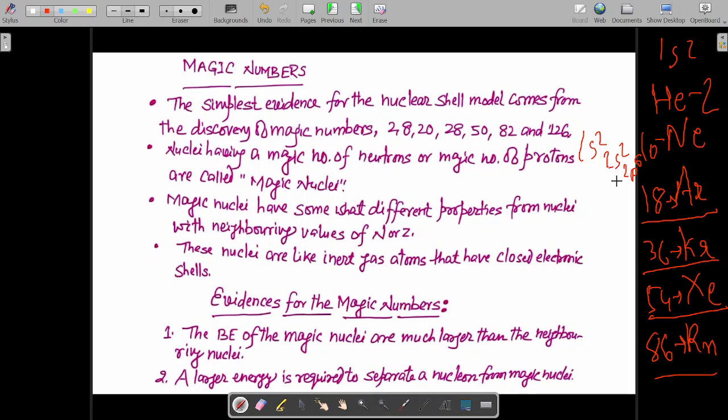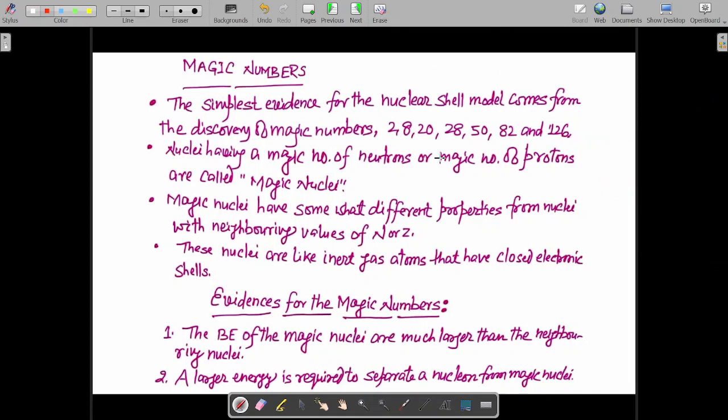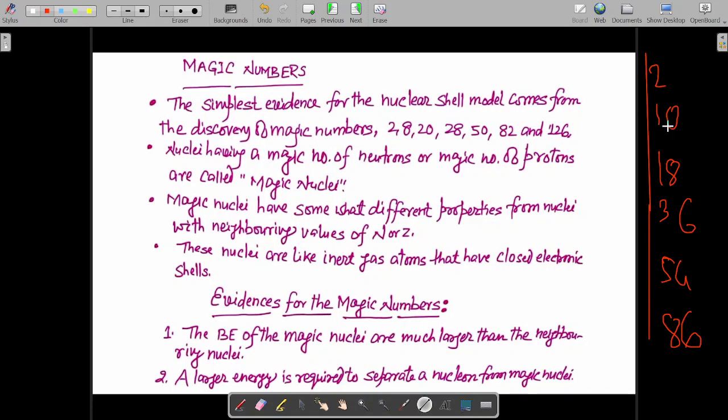But this is for electrons. So what are the magic numbers for electrons? In case of electrons, the magic numbers are 2, 10, 18, 36, 54, 86, because these are the total number of electrons in the noble gases.